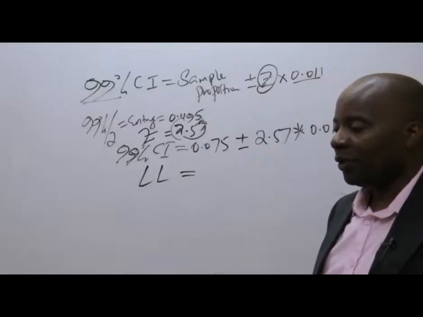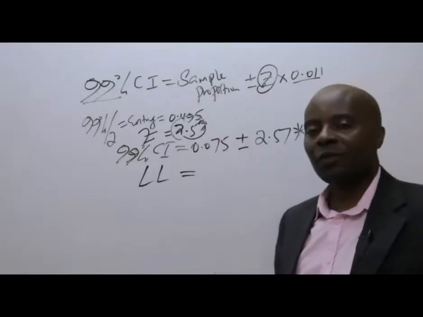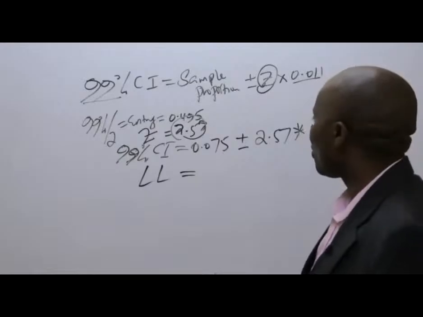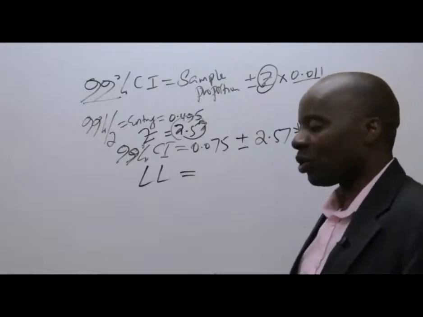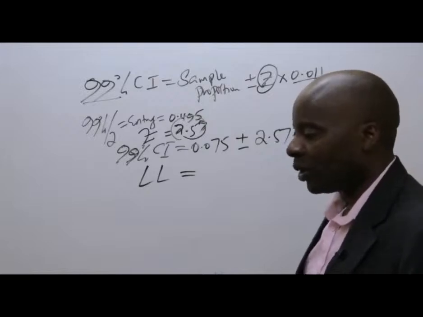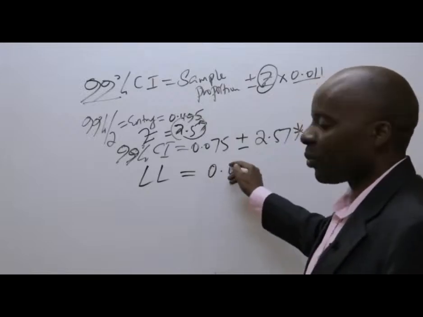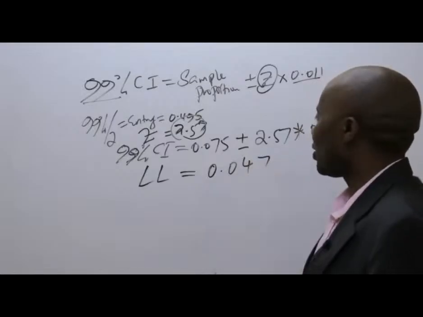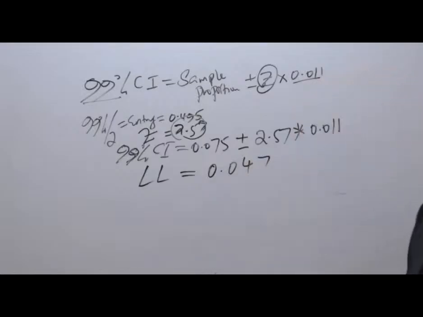What do we have here, somebody? Somebody called HP is giving us 0.047.